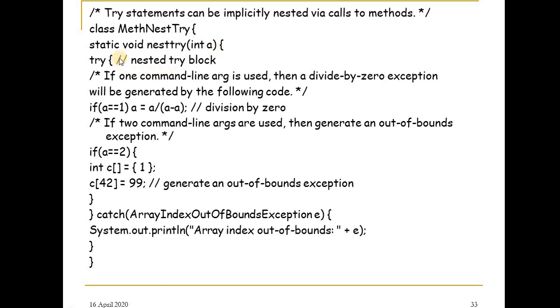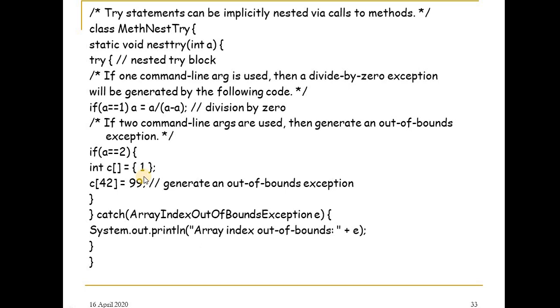Within that method we have a try block. Here if a equal to 1, that is if one command line argument is used, then you are going to generate a divide by 0 exception. If two command line arguments are used, that is if the value of a equal to 2, then you will generate array index out of bound exception.